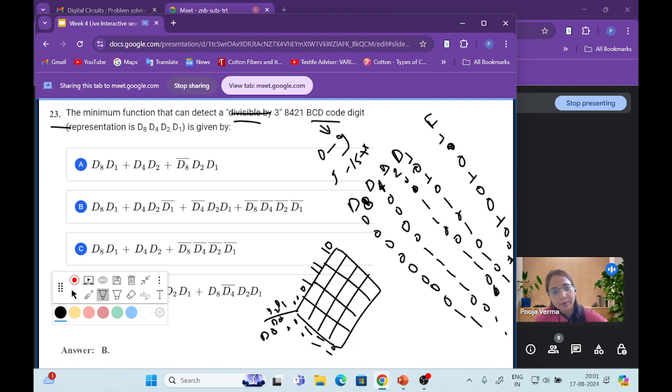So at the place of 0 there is 1, right? And at place of 3, so 0, 0. So this one is 3, right? 0, 1, 2, 3, 4, 5, 6, 7, then 8, 9. Till 9 we have only, and all other places there is a don't care condition, right? Till 15.